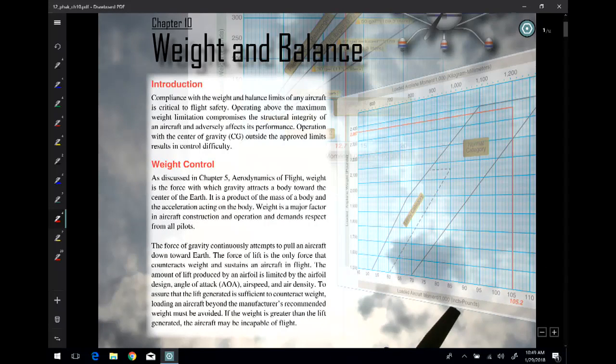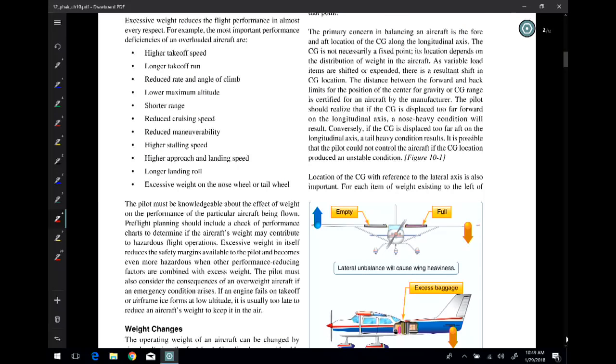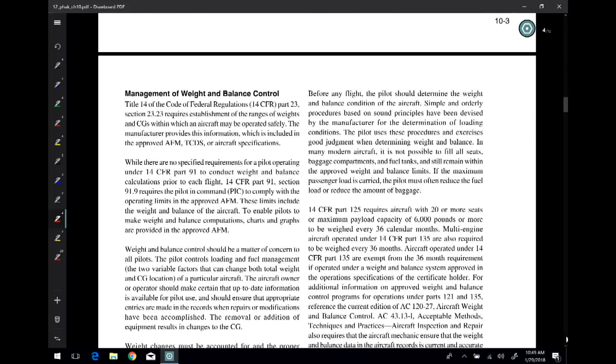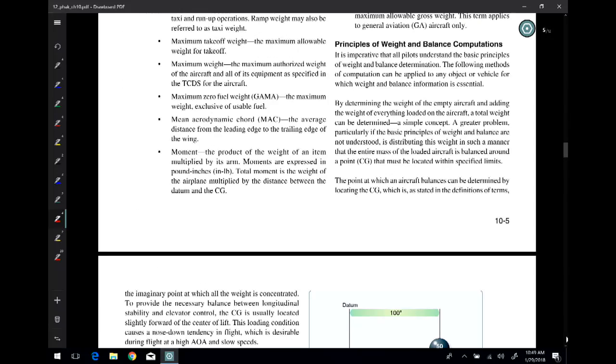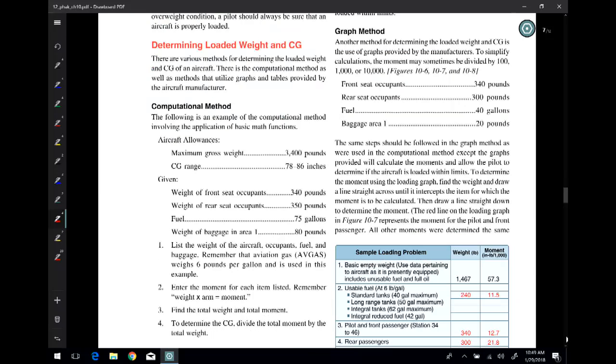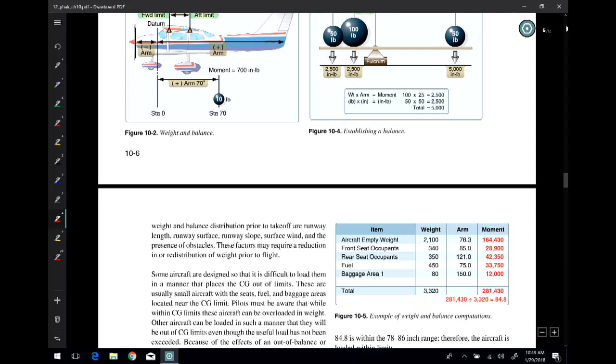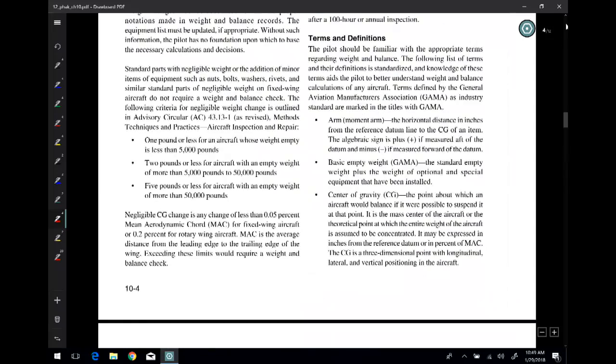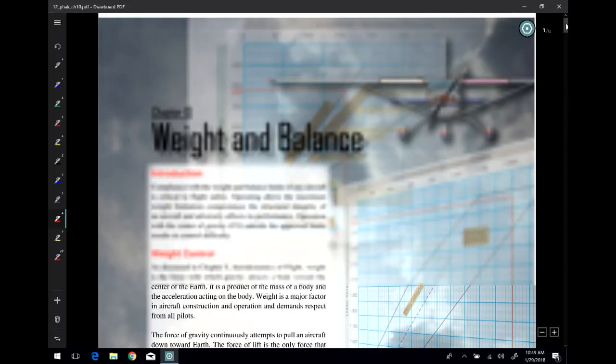Here is your reading and note-taking assignment for Wednesday. I want you to read, this one is going to be a little thick, the first 6 pages of chapter 10 for Wednesday.